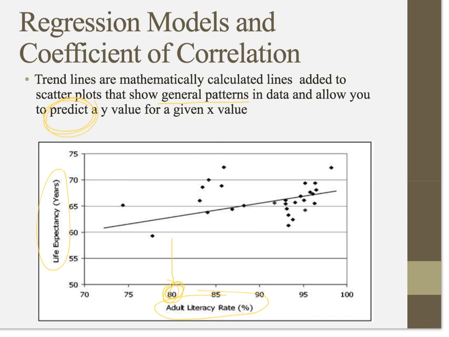I could use this trend line to make a guess or a prediction and say, okay, well, probably those people are going to live around 64 years. So trend lines are really cool in that way. They allow us to predict y variables based on x variables that maybe we did or did not test.